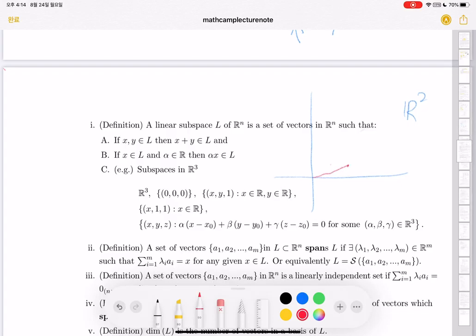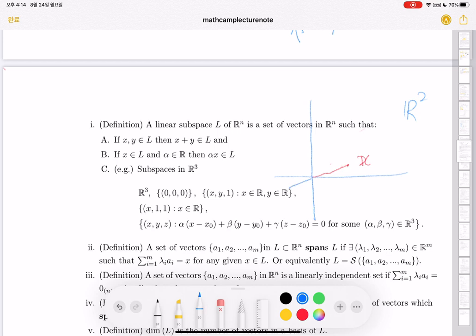This is your vector x and this is your vector y.